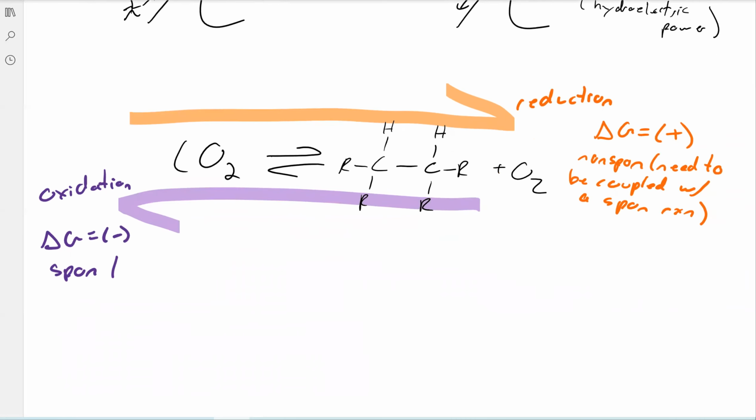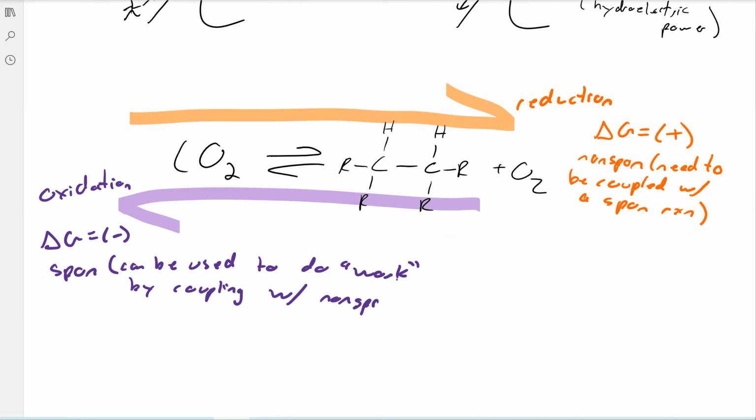And so what we can do with this spontaneous process is couple it with non-spontaneous reactions, so it can be used to do work by coupling with non-spontaneous reactions, right? So oxidizing carbon has a negative delta G, and so that can be used to do work.